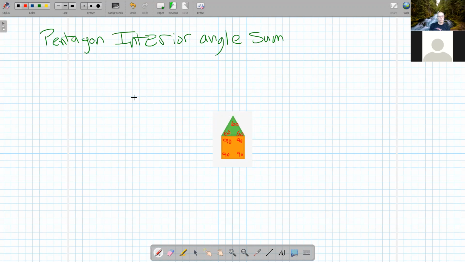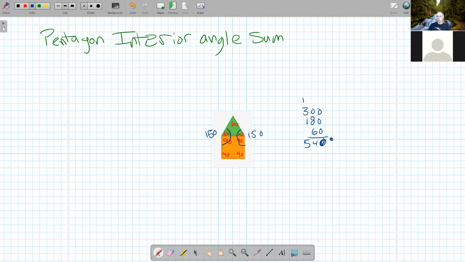And so that means this particular pentagon has an interior angle over here of 150 and an interior angle over here of 150. Otherwise, it has 90, 90, and 60. So let's see, 150 and 150 is 300. 90 and 90 is 180. And then we have the 60 there. So 0, 4, 1, 3, 4, 540. So we can see this one definitely has 540 for the interior angle sum. And that's supposed to be a degree symbol over there.